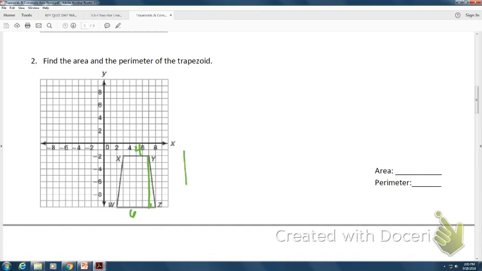Okay, so what's the length of one of my legs? 1. What's the length of my other leg? 8. Okay, so I have 8 squared plus 1 squared equals C squared. 64 plus 1 equals C squared.